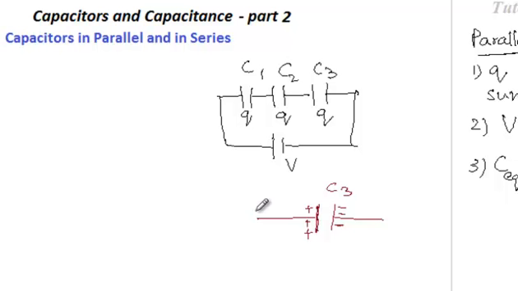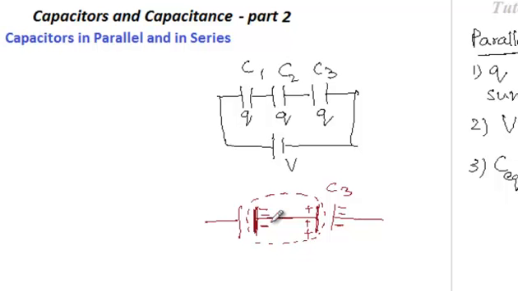This is the plate which is connected to this plate over here. So if a positive charge is created at this end, an equal and opposite negative charge will be created at the other end of the conductor, because these two plates together were initially neutral. There was no charge on it. So this will continue to remain neutral.